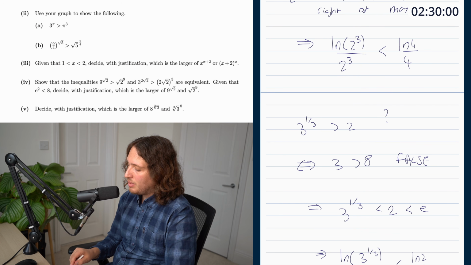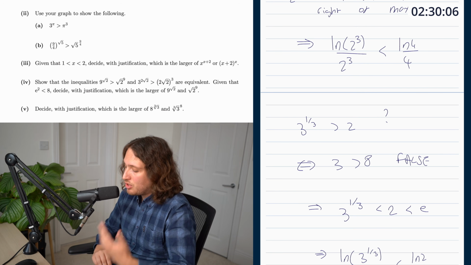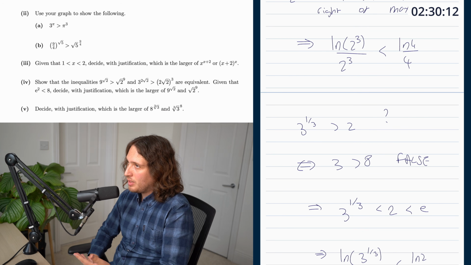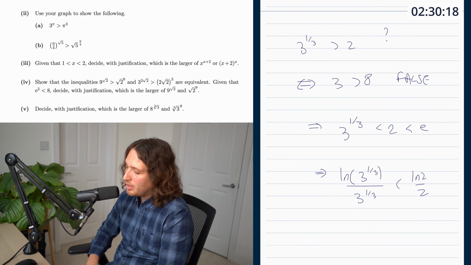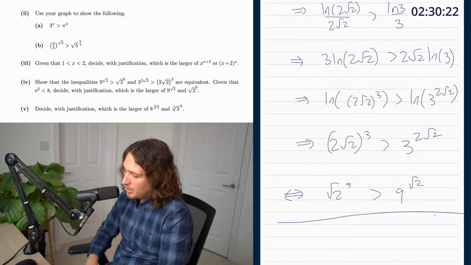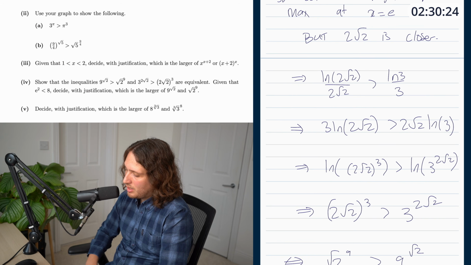And then I've tried to compare the cube root of 3 to 2. The cube root of 3 is obviously, without even doing this working, way smaller than 2, which is smaller than e. So this is also further from the max, so it's smaller than ln 2 over 2. Yeah, maybe this idea just doesn't work.